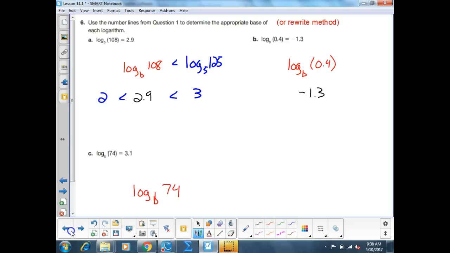Which means then my 2 over here would be log base 5 of 25. Does that work out for us, having a b here of 5?